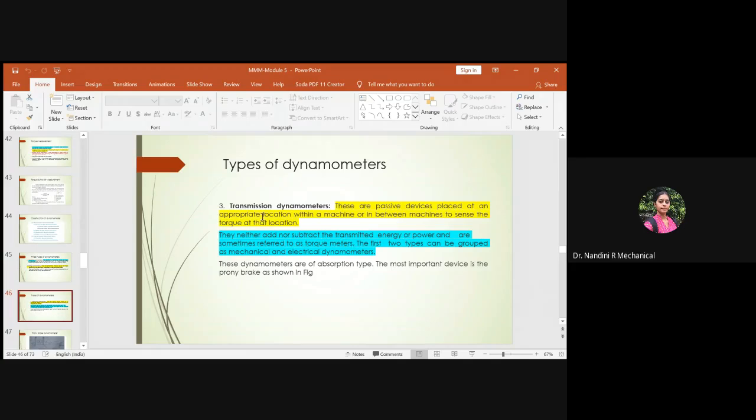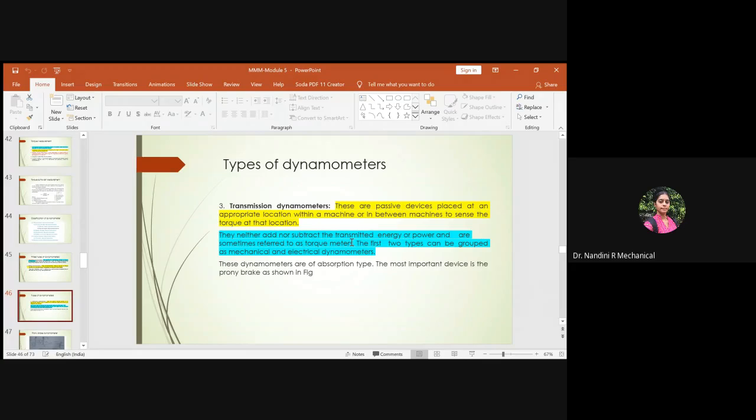So the torque value being measured at each location will not be integrated or added, and will not be subtracted either, but sometimes it could be referred to as a torque meter because it helps in providing the value of the torque at that particular location, and hence the name transmission dynamometer.